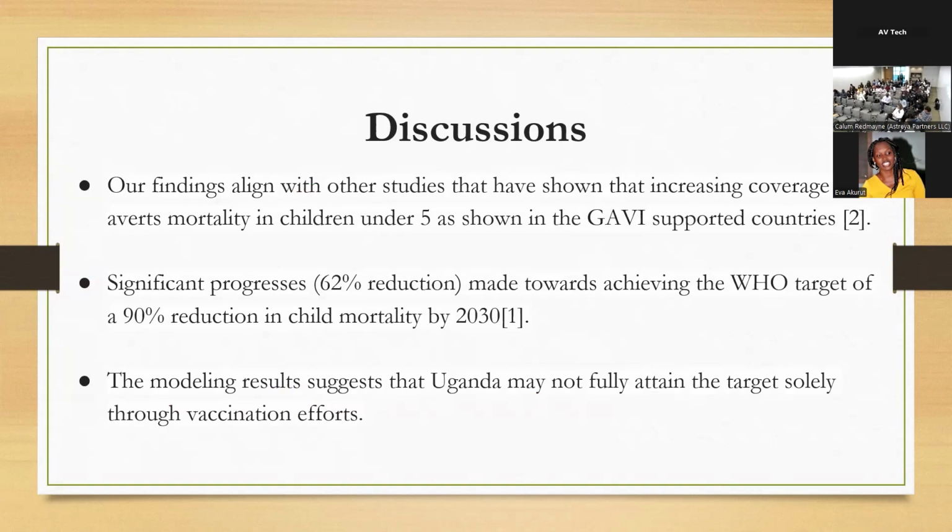And if we vaccinate at a coverage of 20% of the population with an efficacy of 70%, we'll have a 62% reduction in child mortality. And this is towards achieving the WHO targets. But the modeling results suggest that Uganda will not fully attain the target through vaccination efforts. So that means other malaria interventions have to be considered.